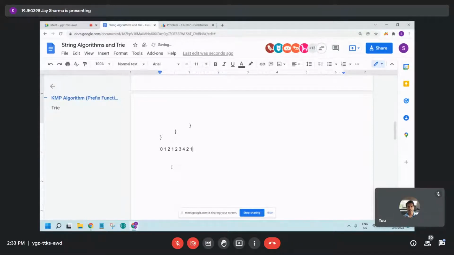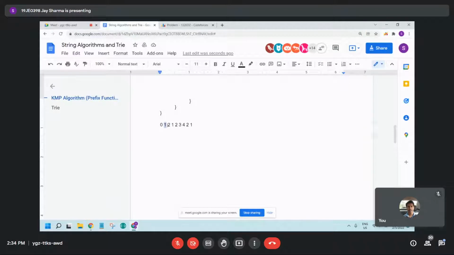Okay, now what I claim is that at each of the iteration, the difference between the new one and the initial one can be at most pi of I minus 1 plus 1.